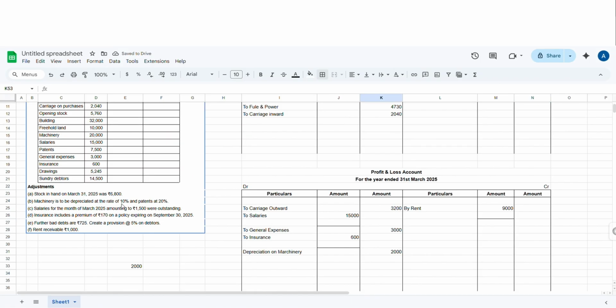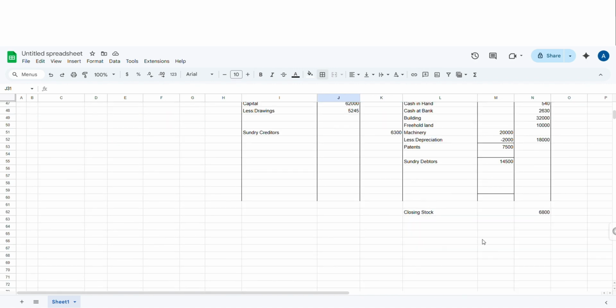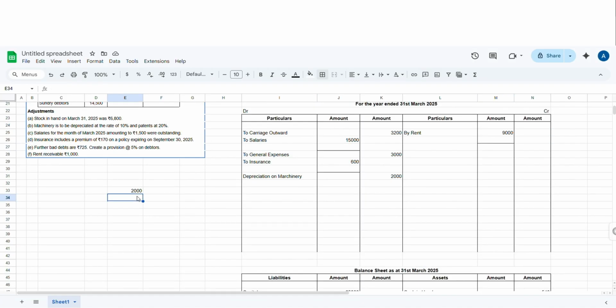And we have other depreciation, that is patents. Patents is depreciated at 20%. The amount of patents is 7,500, and we depreciate it by 20%. So the depreciation amount is 1,500.